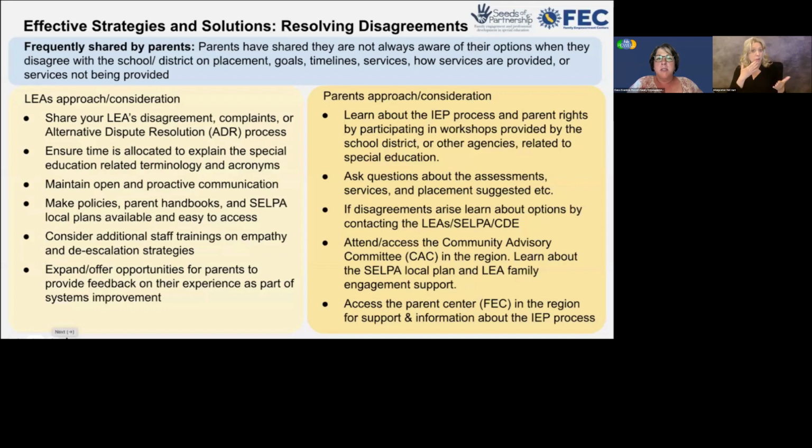If there is a disagreement, learn about your options through the district, the LEA, the SELPA, or through CDE. There's a lot of information that we point families to, but they can also look it up on Google and it's there. Attend the community advisory committee in the region.